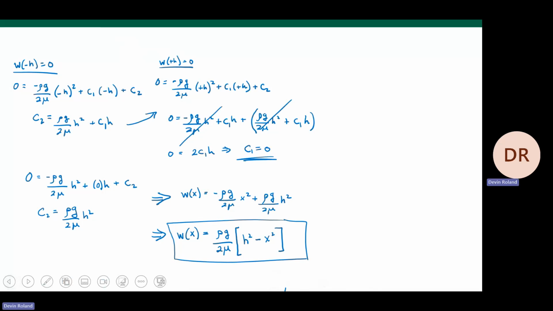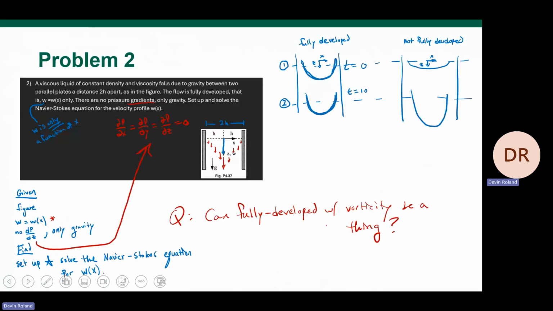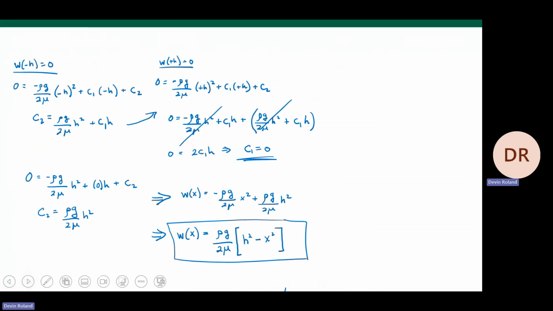And that is the result of us setting up and solving the Navier-Stokes equation for w of x. That's the answer there. Hope that was helpful. When I took advanced fluids, it was basically a whole course of just this. It was like, here's a scenario, apply assumptions, do some integration, apply boundary conditions, for a lot of different scenarios.